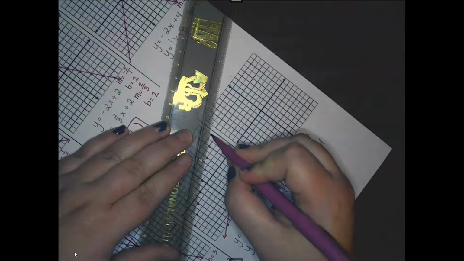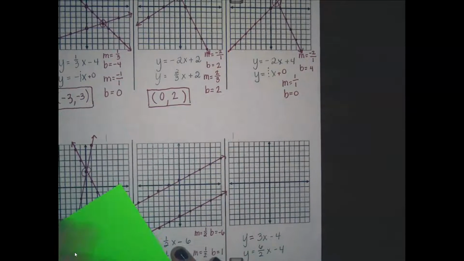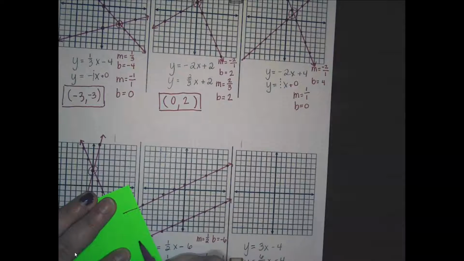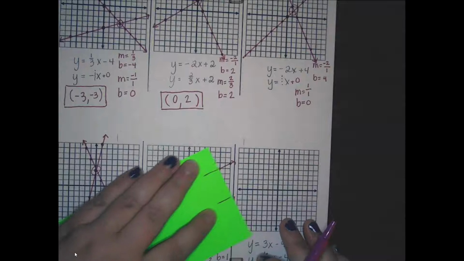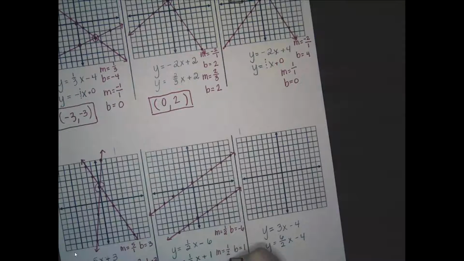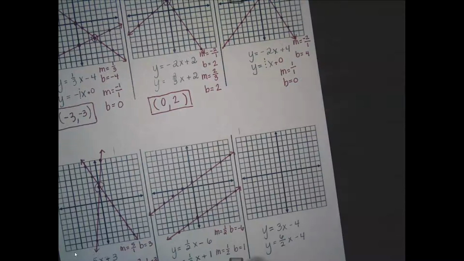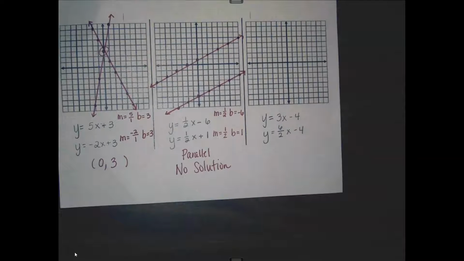I can see there's no intersection, but let's go ahead and make sure it's parallel. Yep. So these are parallel, which means there's no solution, because they're never going to intersect. Parallel lines never intersect, so they're never going to cross.